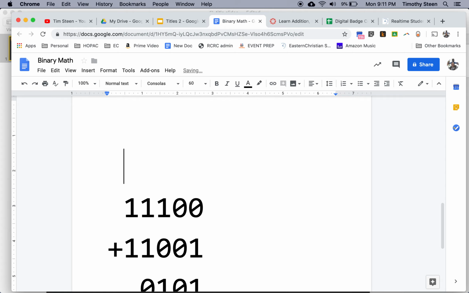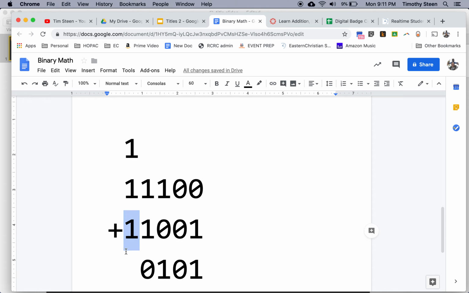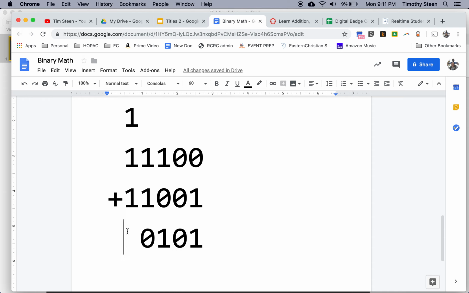And then 1, 1, 1 is 3, which is a 1, 1, and we don't have to carry that one because it's at the end of our math. So 110101.